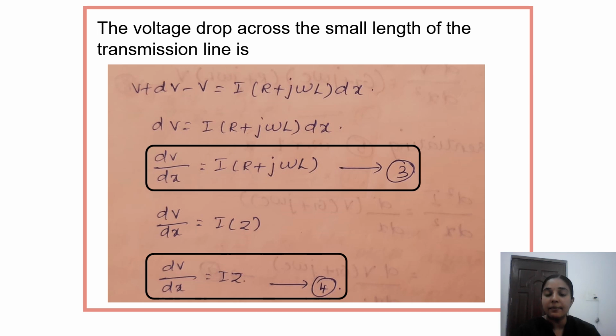So V plus dV minus V is equal to I into (R plus j omega L) dx. By simplifying this equation, we get dV by dx is equal to I into (R plus j omega L). We know R plus j omega L represents our impedance. So dV by dx is equal to I into Z.